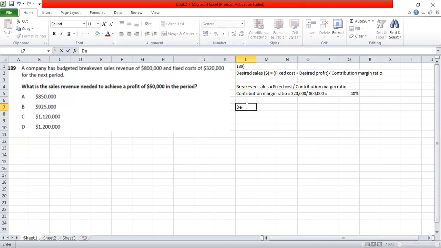So we can find out what the desired sales is. So 925,000.